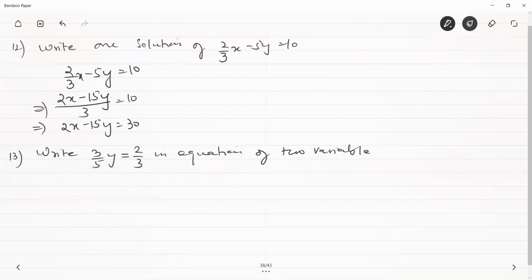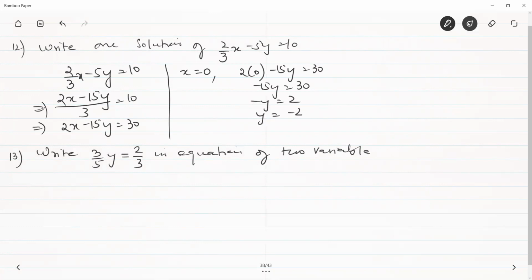Now this is the equation. You will have to find one solution of this equation. Suppose you take x as 0, x is equal to 0. So 2 into 0 minus 15y is equal to 30. So minus 15y is equal to 30, minus y is equal to 2, and y is equal to minus 2.